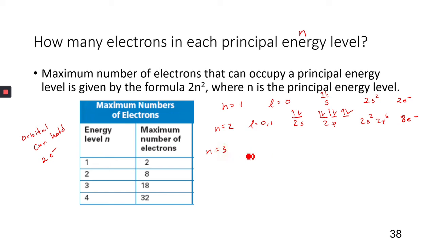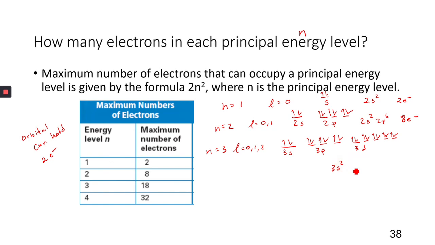When n equals 3, your L could be 0, 1, or 2. So you have your 3s, your 3p, and now your 3d, which has 5 orbitals. So what do you have?